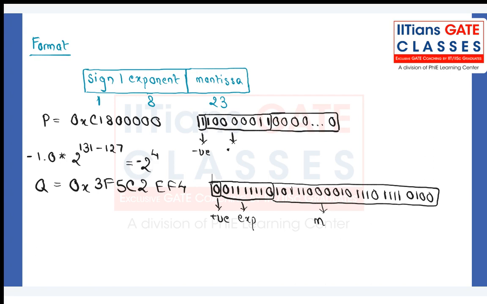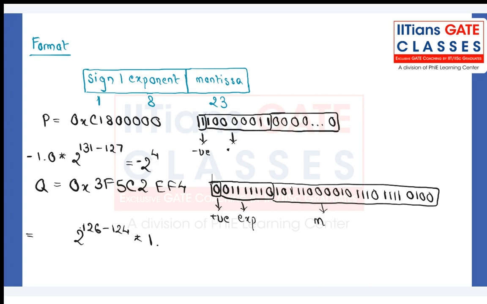So Q is nothing but 2 to the power, what is the exponent here? The exponent is 126. So 126 minus 127, multiplied by, oh sorry, it's not 1.0, right? So it's this multiplied by 1 point, this entire mantissa. I'll just write it as m.